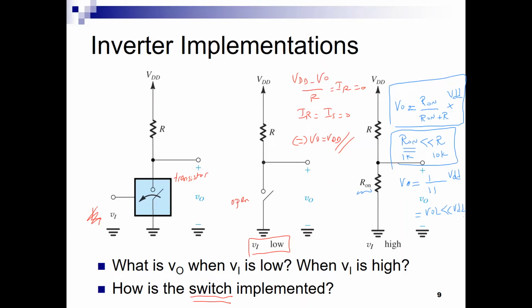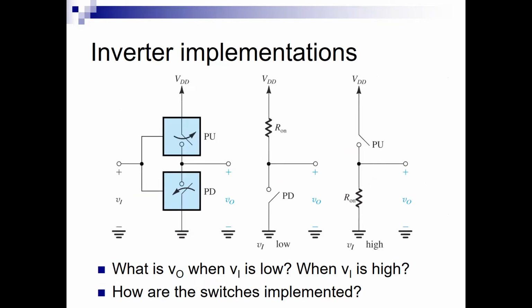The transistor has variable resistance but it is typically a low pull down when the input is high. If I have a transistor and give it an input equal to VDD, the current will increase and its resistance should be small.